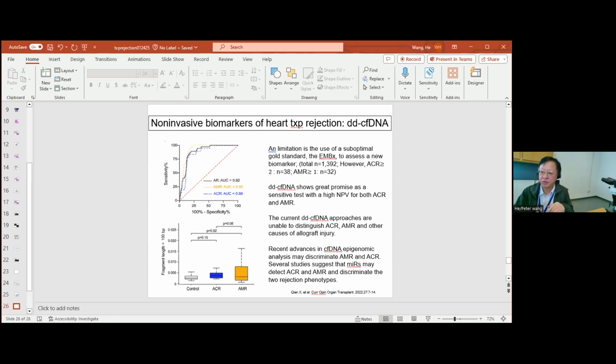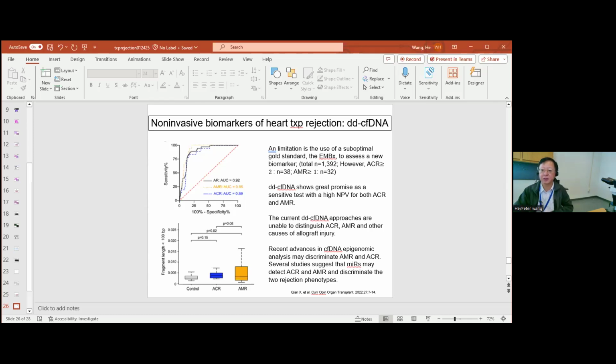Second thing I think close to my heart is the so-called circulating biomarker. Many people believe this will someday take at least a majority part of rejection monitoring, especially in the stable patient. I think it started with donor-specific circulating cell-free DNA, and this is one of the earlier studies in 2022.